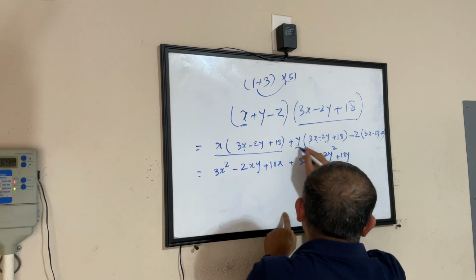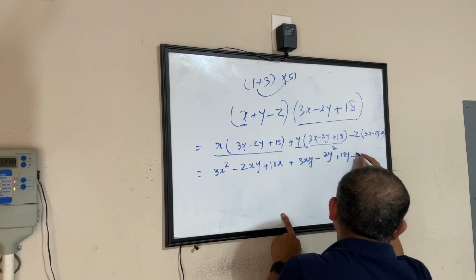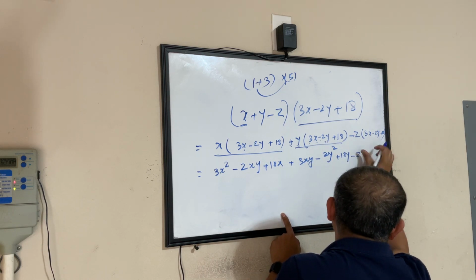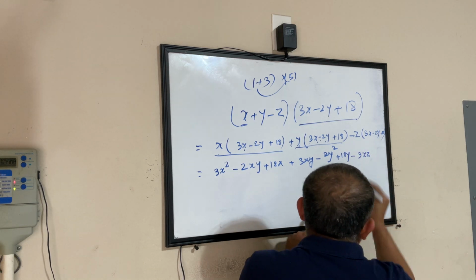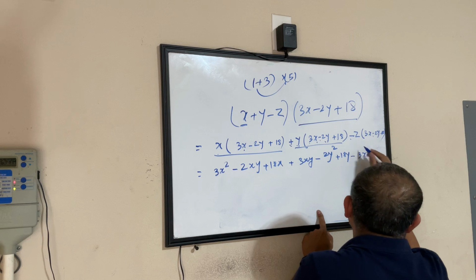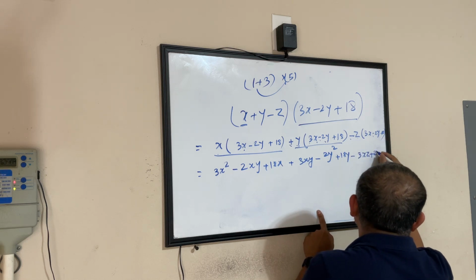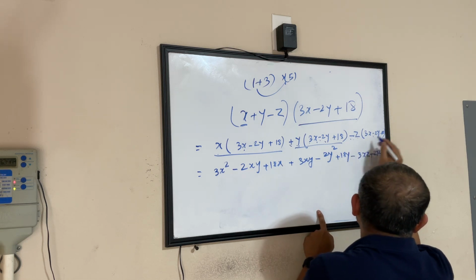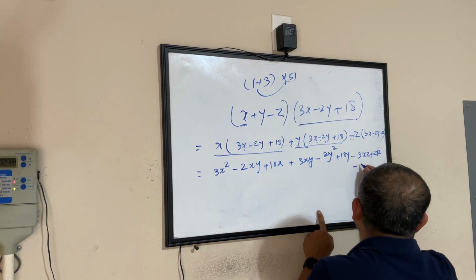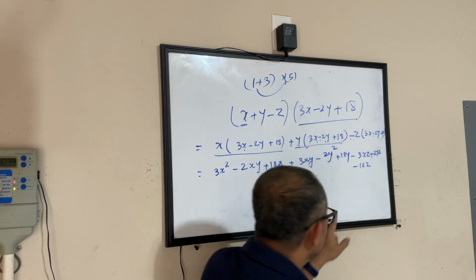Now this one is also done. Then I'm coming to this guy. Minus z into 3x, so minus 3xz. Minus into minus becomes plus, z into 2y, so plus 2yz. Minus z into 18, minus 18z. This is what I have.